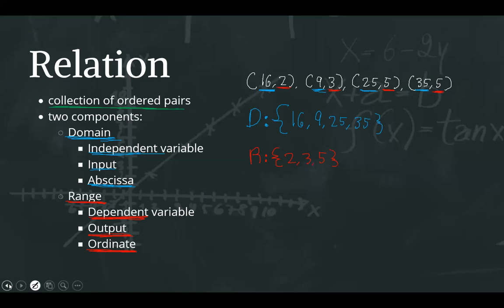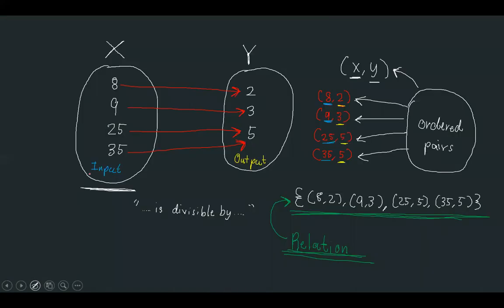And it makes sense because if you go back to the previous slide, in the example we have in this set, these numbers are the ones who are matching, and they are what you call the inputs or input numbers. Hence, this set X is represented as the input.